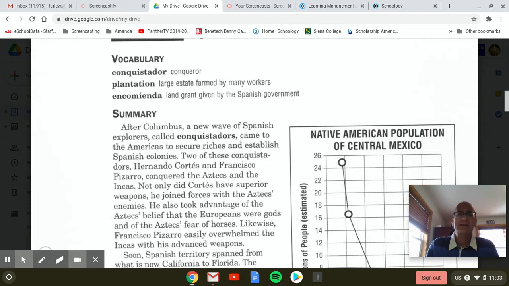We studied the Aztecs earlier in the marking period. We also talked about the Incas. These were 2 of the early groups that had settled in Central and South America.